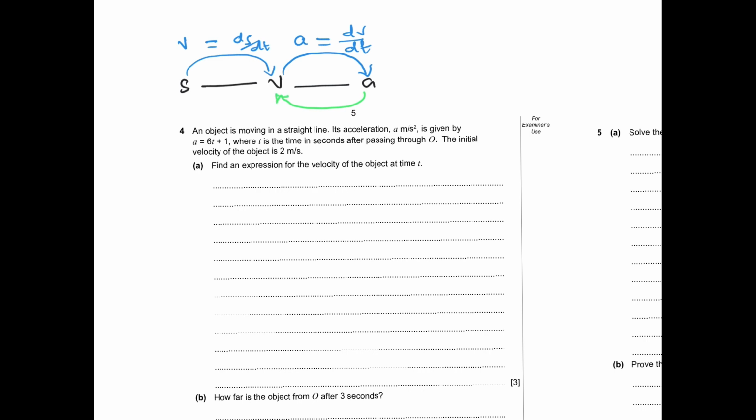So for me to get velocity, I will need to integrate the expression for acceleration with respect to time. So we are saying here that v is going to be equal to the integral of acceleration with respect to time. Again, to get displacement, it will be s is equal to the integral of v with respect to t.